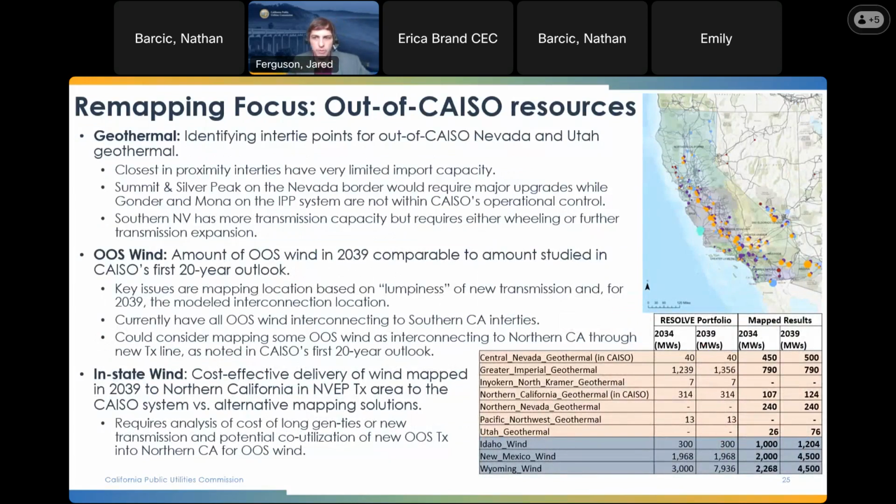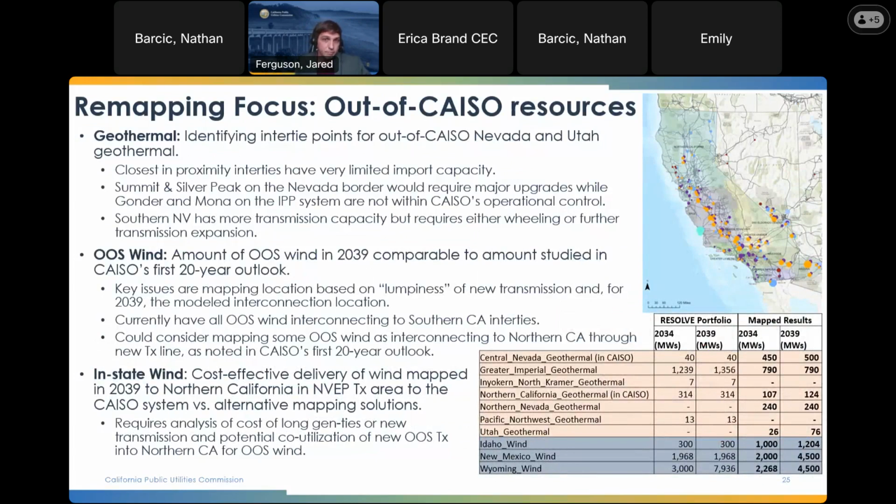Another overall focus is on the amount and locations of out-of-state or out-of-ISO resources in the portfolio. So we have the geothermal resources.